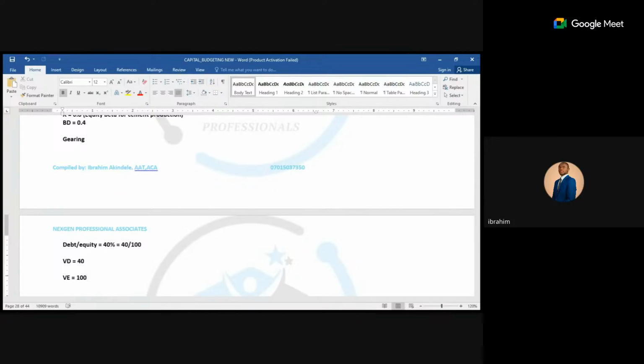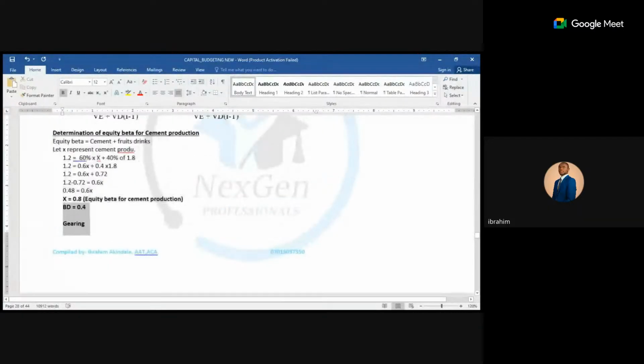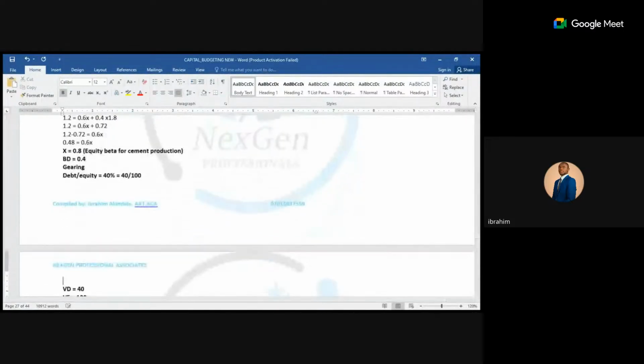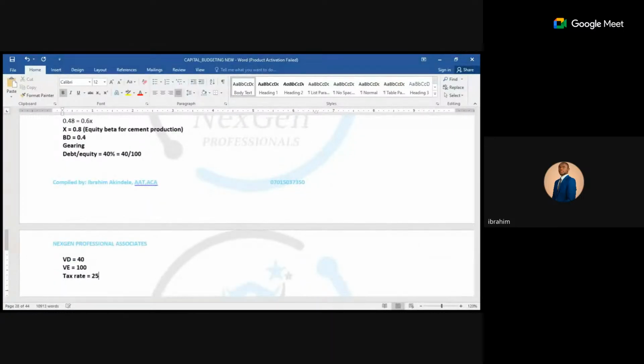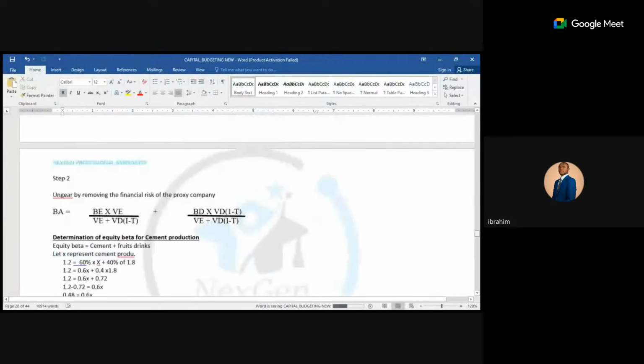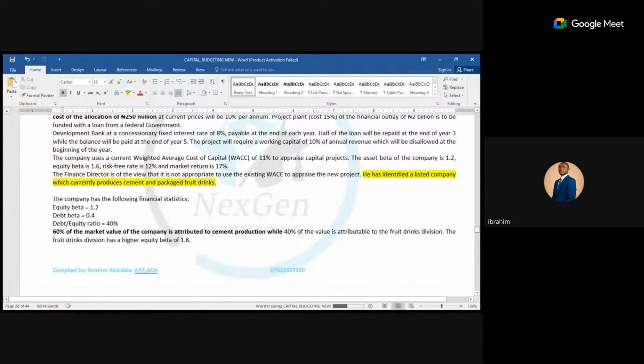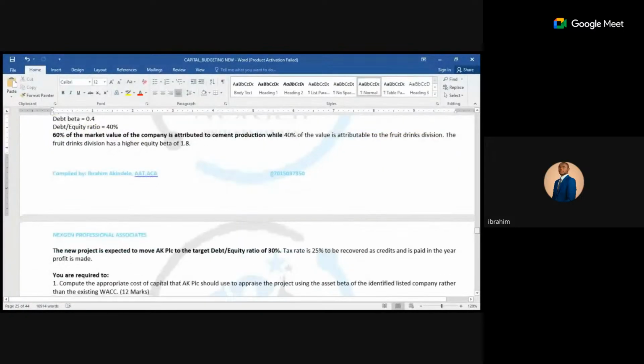right? So if you have this, what is the tax rate for the POSI company? The tax rate is 25%. That is 0.25. Let me check the tax rate. Where is the tax rate of the POSI company? Okay, let me scroll down.